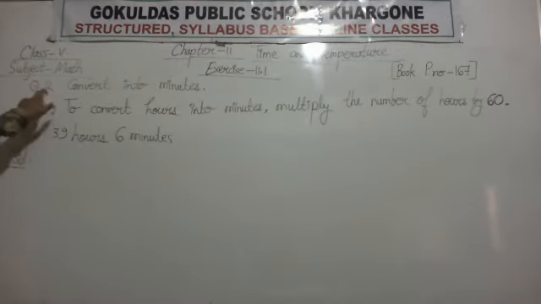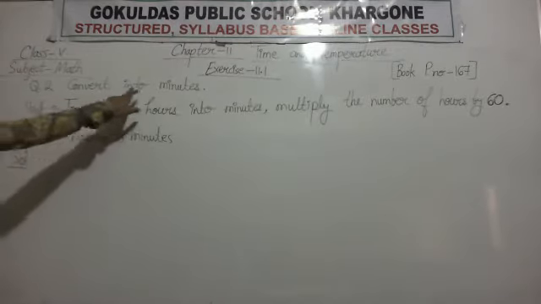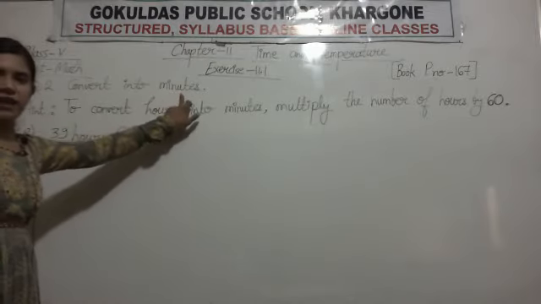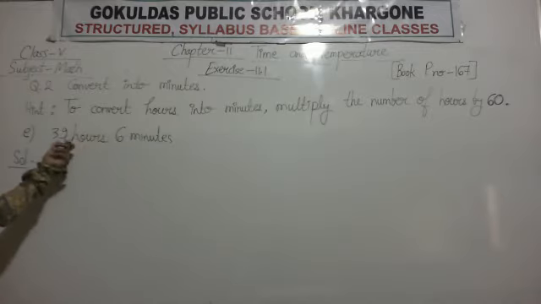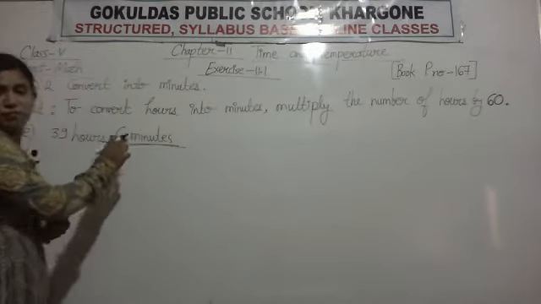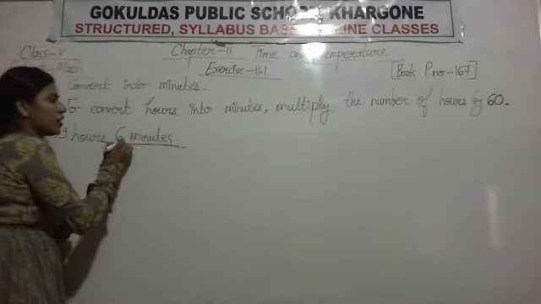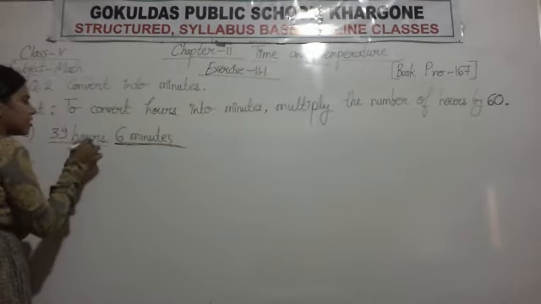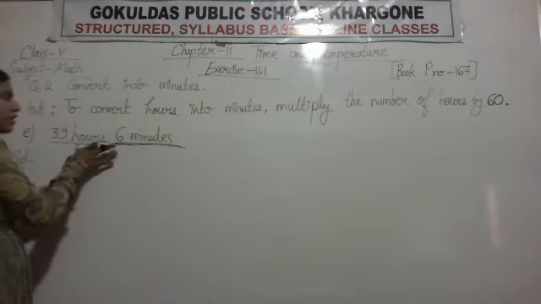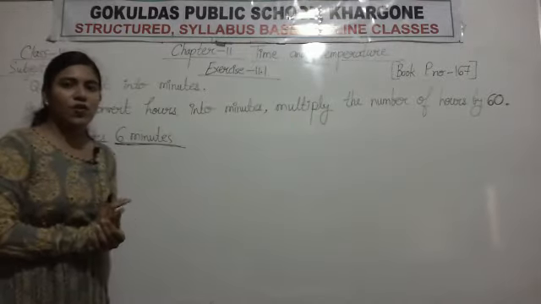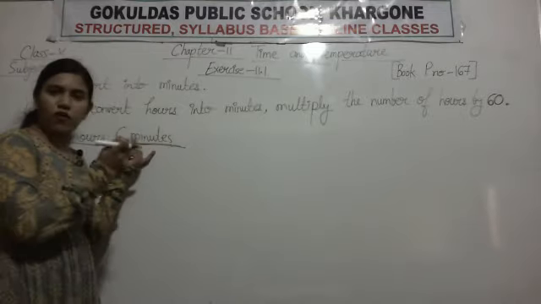What is our task? According to question, convert into minutes. Here observe that 6 minutes is already in minutes. So no need to convert this part. We will just convert the 39 hours into minutes and later we will join both the minutes and will get our final result.